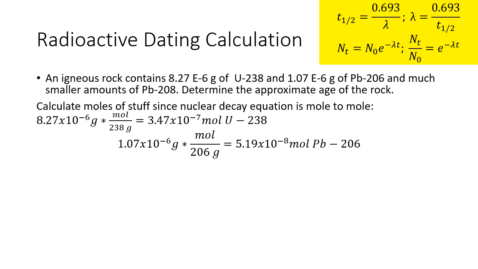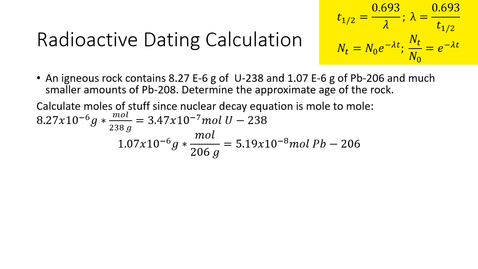And the current amount of lead-206 is 1.07 times 10 to the negative 6 grams divided by 206 grams per mole. You'll note that we're using the mass of that radioactive particle, not the average mass of lead or uranium. We want just the particle we're looking at. Okay, so anyway, we get 5.19 times 10 to the negative 8 moles of lead-206.